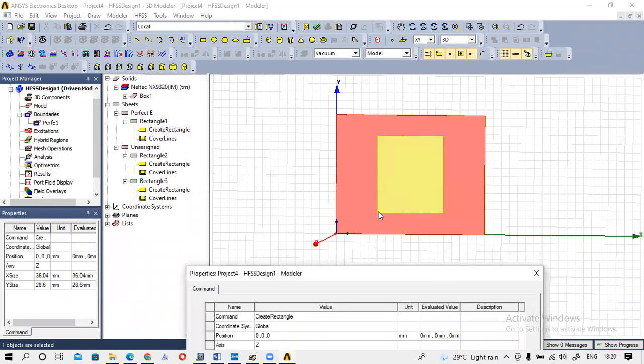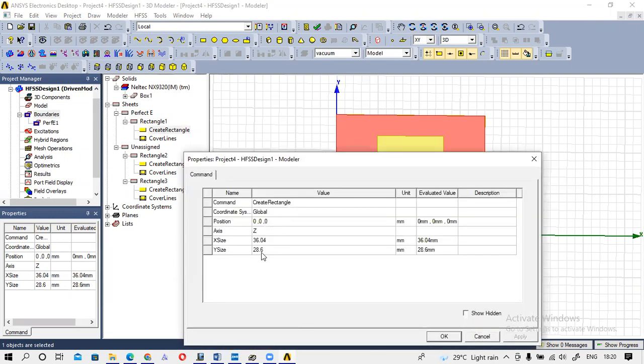From here to here it is 10 millimeter, so I will shift that one also by 10 millimeter. If I put the x-axis position here, it is shifted minus 10 millimeter.